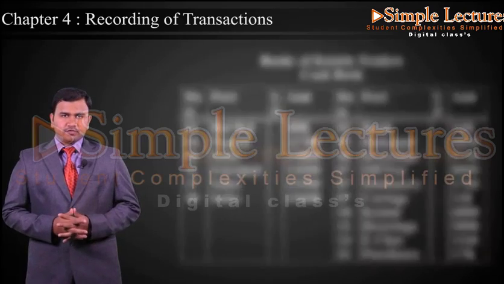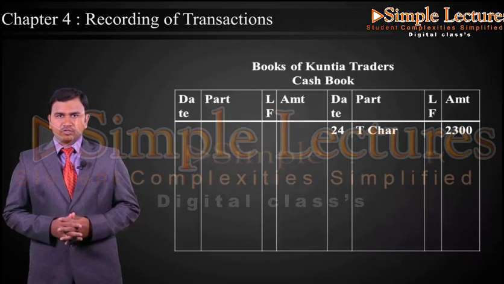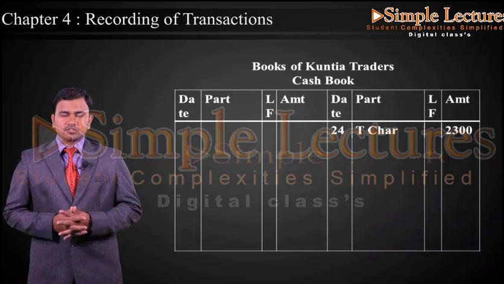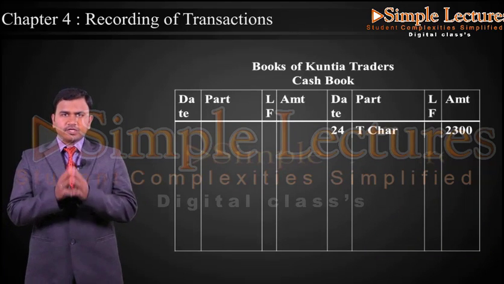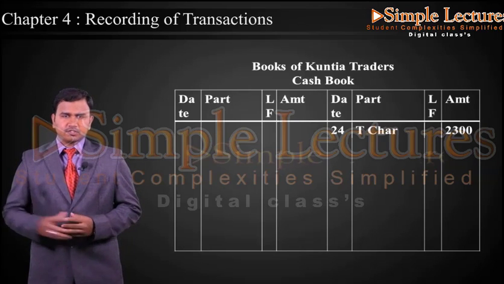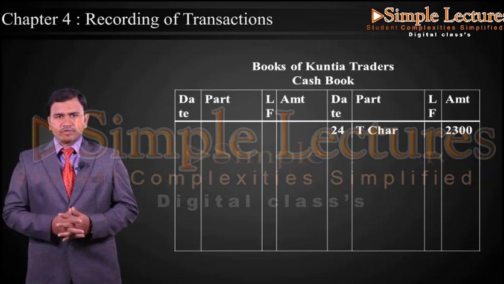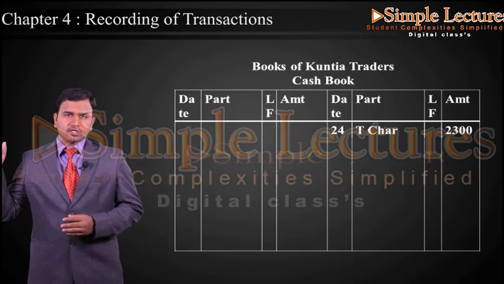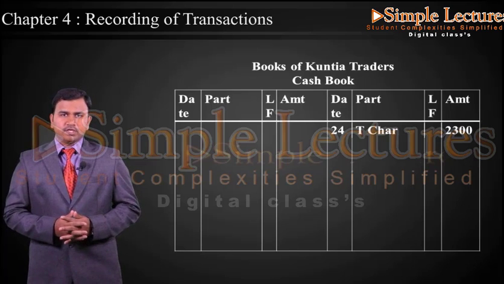Next transaction we have on September 24th where the transaction is paid telephone charges 2,300. So it is very clear here, it is a payment which should be recorded on the credit side. So the date will be September 24th and the entry will be by telephone charges in the amount column 2,300.